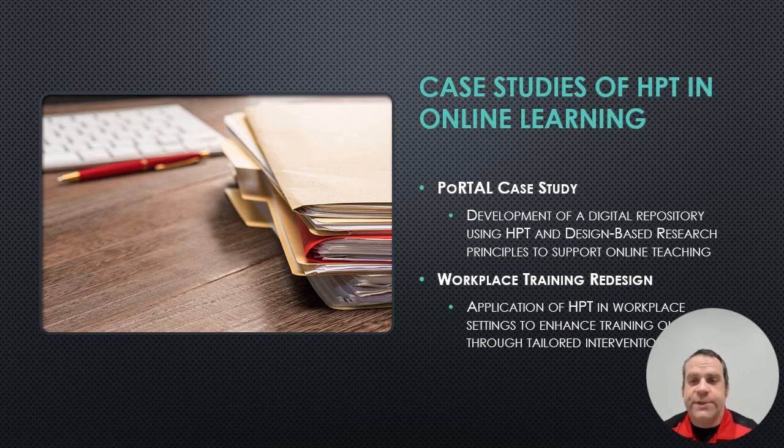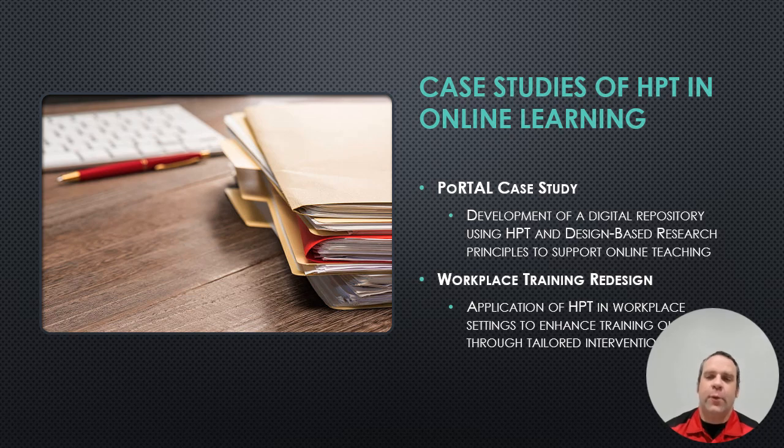Another example comes from Giacomo and Bremen's research in 2020, in which they looked at corporate training. In this case, HPT was applied to redesign a learning program for a large organization. The team used HPT models to analyze the performance gaps and design interventions that address both individual and organizational needs.